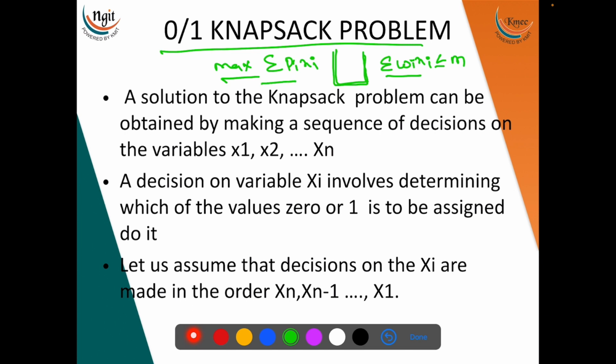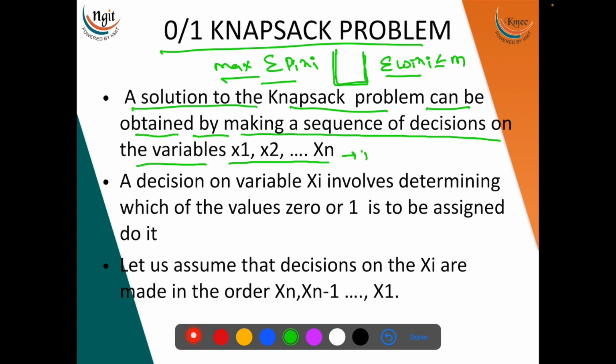A solution to the knapsack problem can be obtained by making a sequence of decisions on the variables x1, x2 up to xn. These are the items I want to place in the knapsack or in the container. As far as the dynamic programming approach is concerned, we take a sequence of decisions.